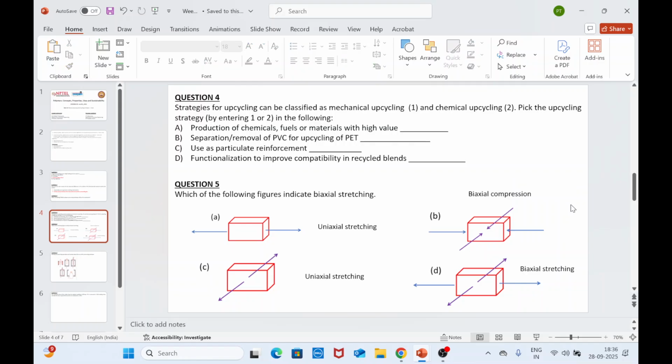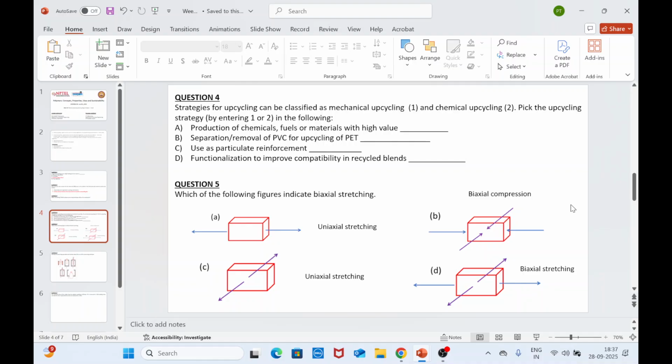Now moving on to question 4. Strategies for upcycling. As we discussed, in upcycling we try to recycle the product so that its properties can be enhanced, and it can be used for a wide range of applications. Inside upcycling itself, there are two classifications.